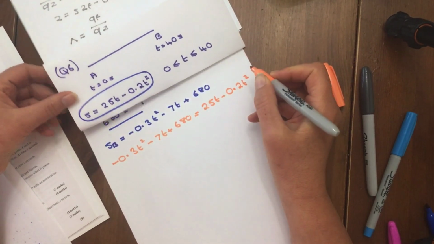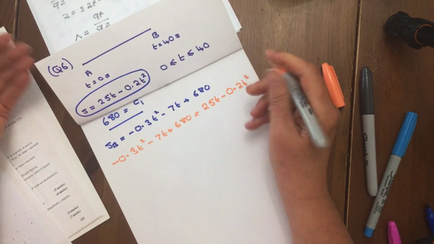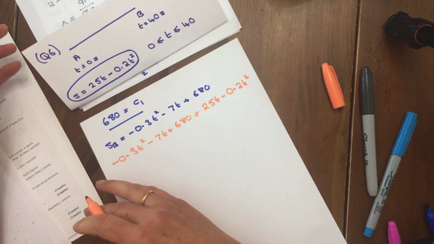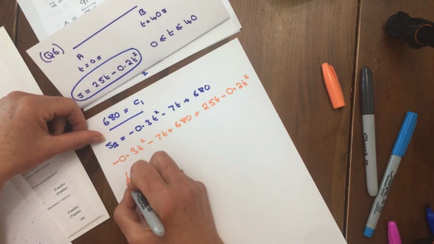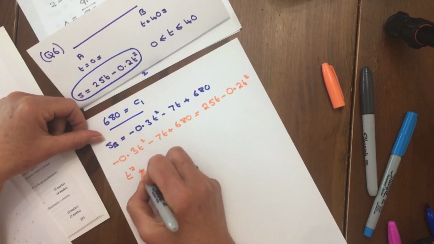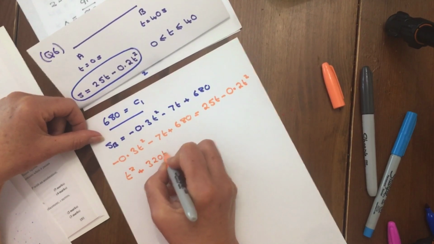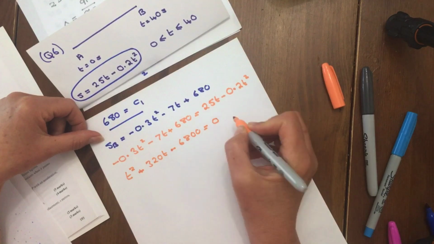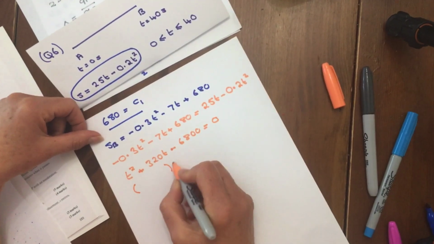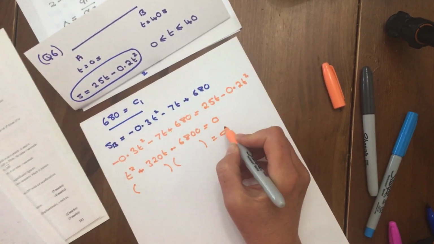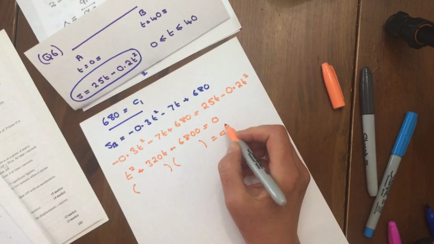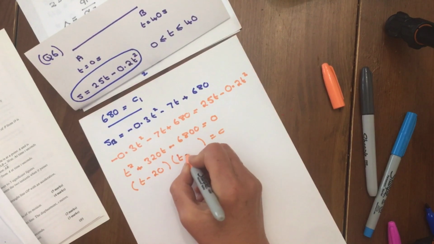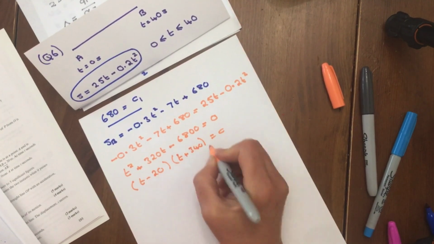Okay, and if I just tidy all of that up, take it all to one side, multiply everything through by 10, I will get this equation here. I know it's a horrible equation, but luckily it does factorise to minus 20 and 340.